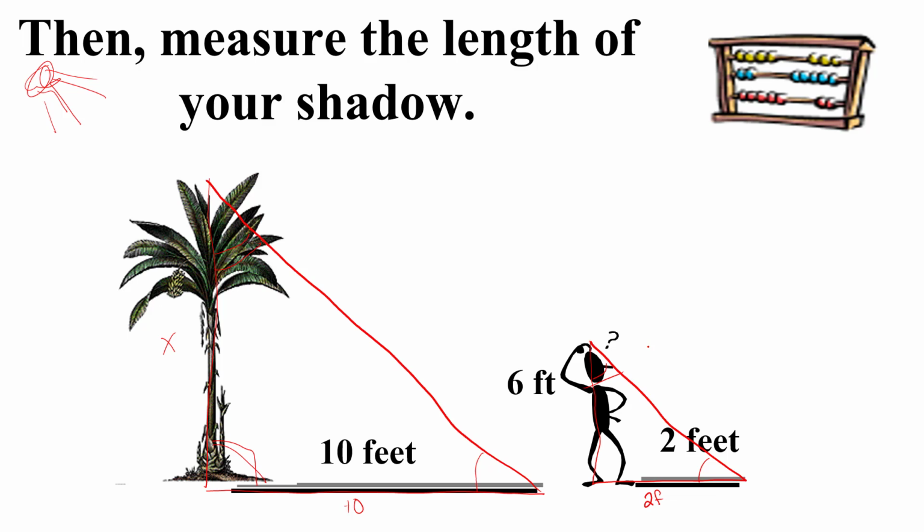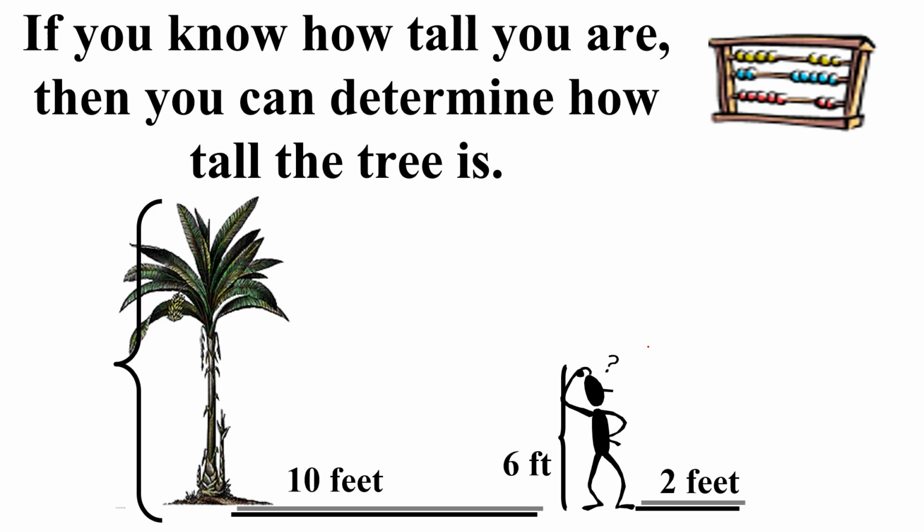Since they are similar triangles, we can set up a proportion. So notice the height of the tree over 10 is equal to the 6, the height of the person over his shadow. Now this is a slightly different way of setting up the same type of ratio proportion.